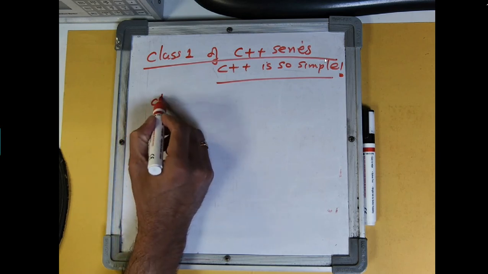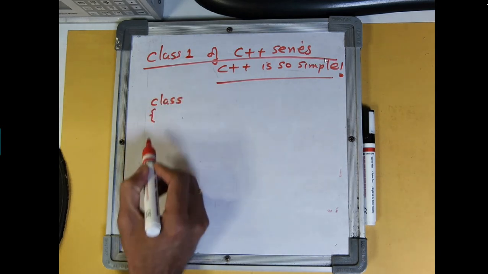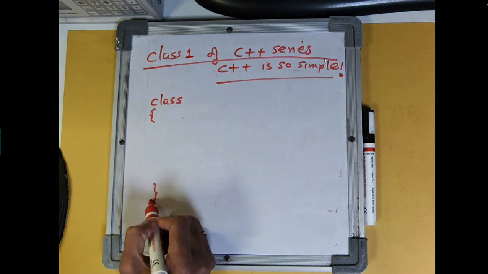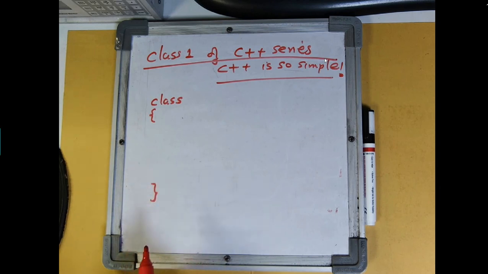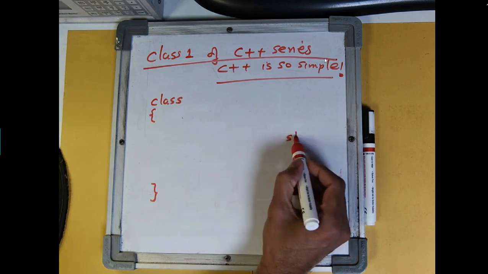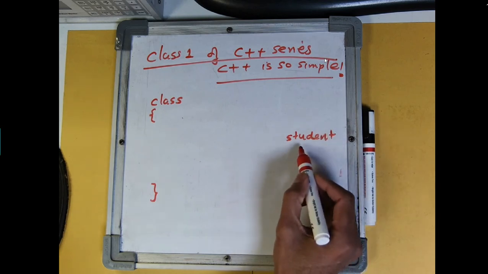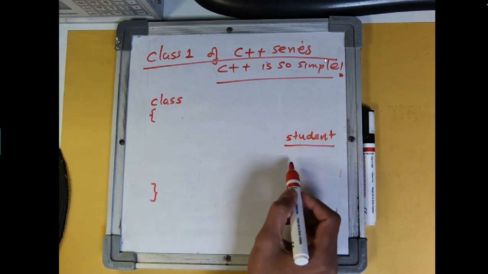What is a class? Whenever you read any book about C++, everything begins with a class. So we can simply explain the class as the characteristics of an object. Let's take an object called student, or whatever object comes to your mind, and you know some characteristics of a student.